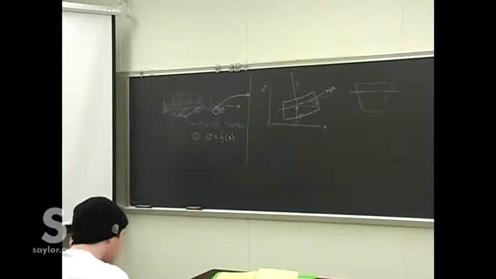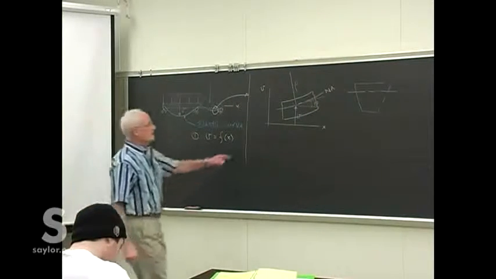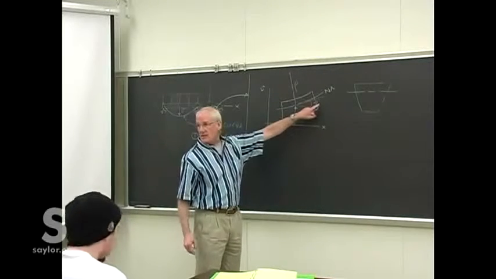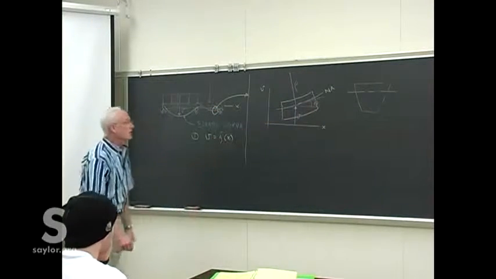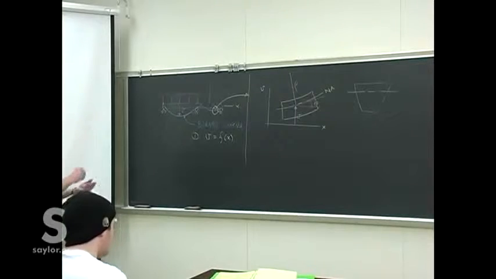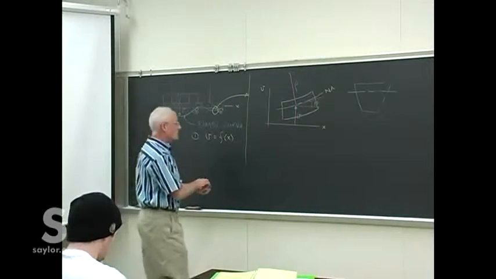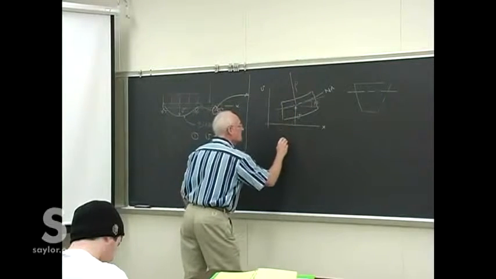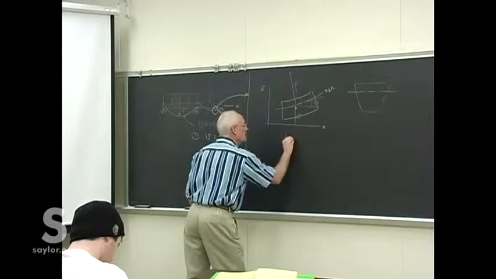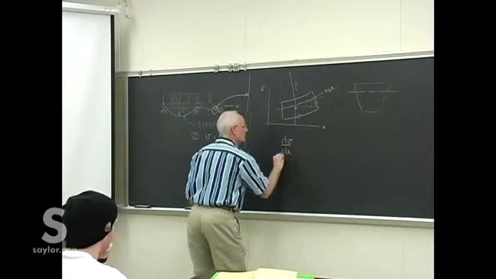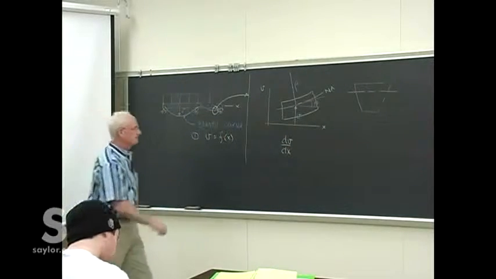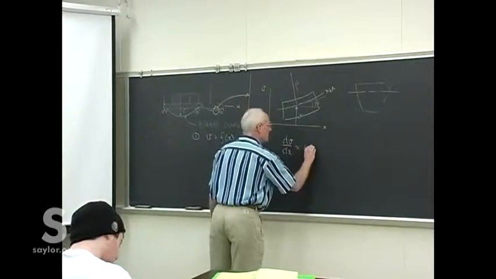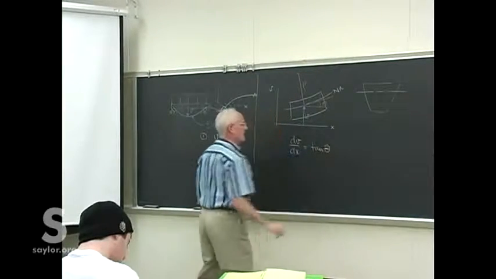You can see that fairly obviously the curvature and the slope also change with x as we go along, and all of these things are going to be related. So we know that for that particular point, the slope of the curve, dv/dx, is tan theta.